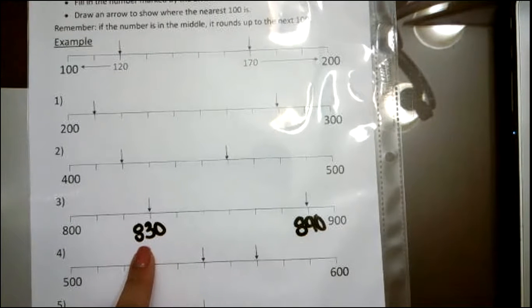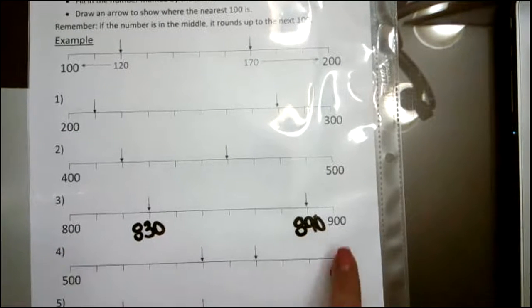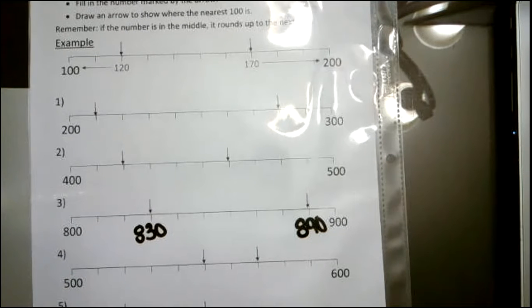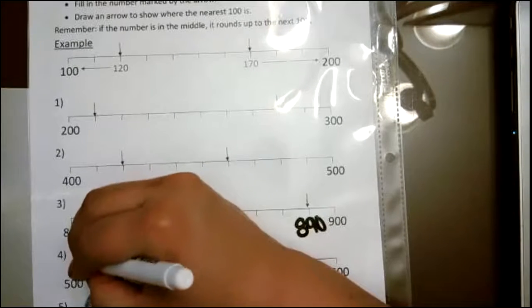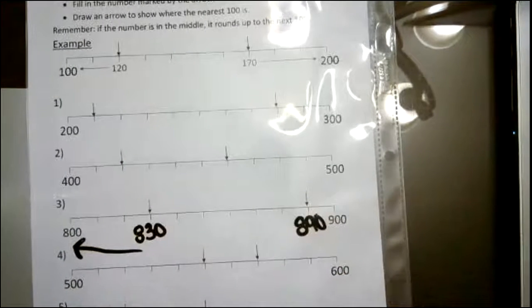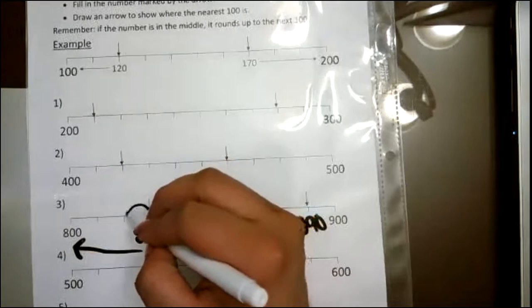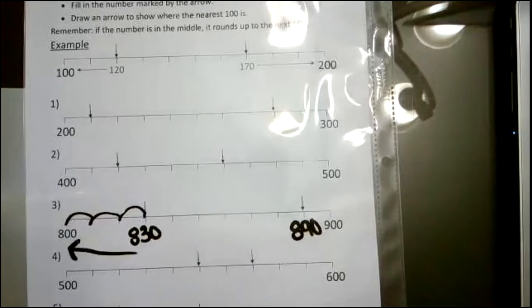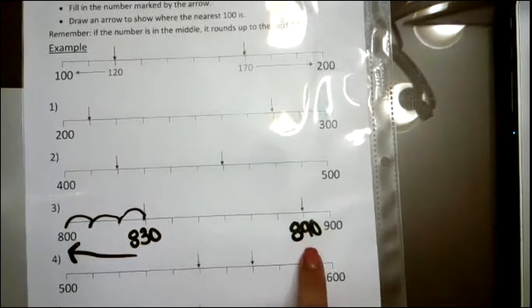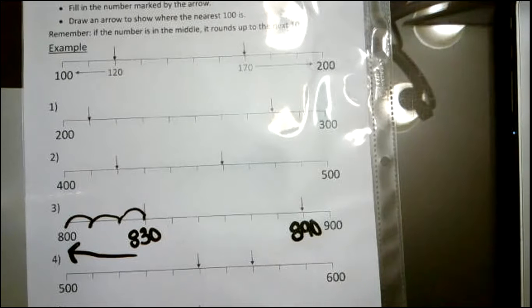Is 830 closer to 800, or is 830 closer to 900? Right, it's closer to 800. And just to make sure, 1, 2, it only takes 3 hops to get to 800. All right, friends, and now 890.